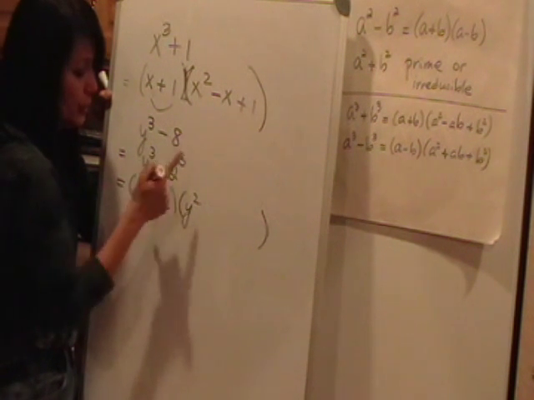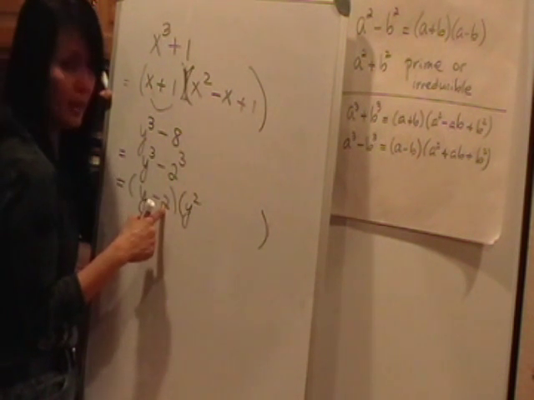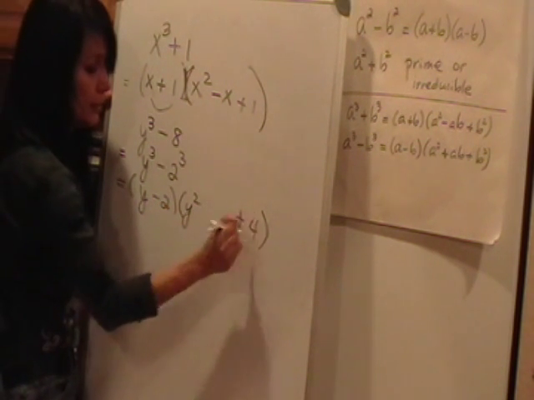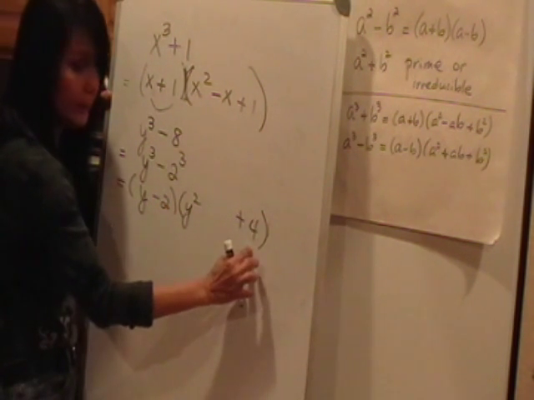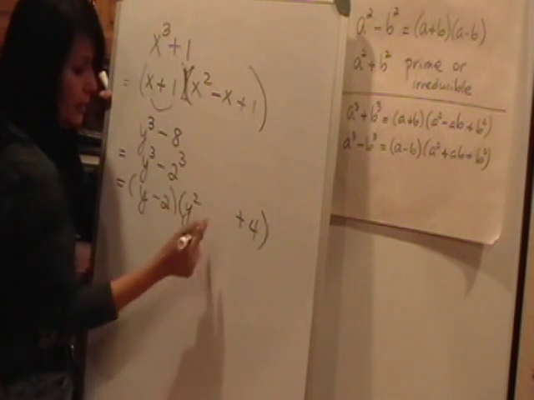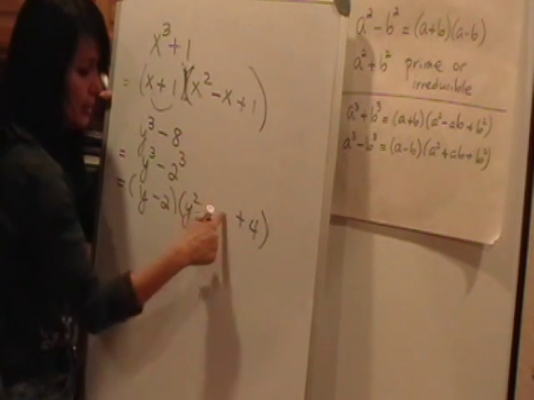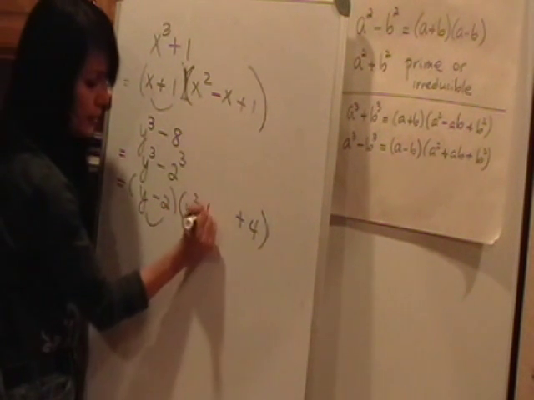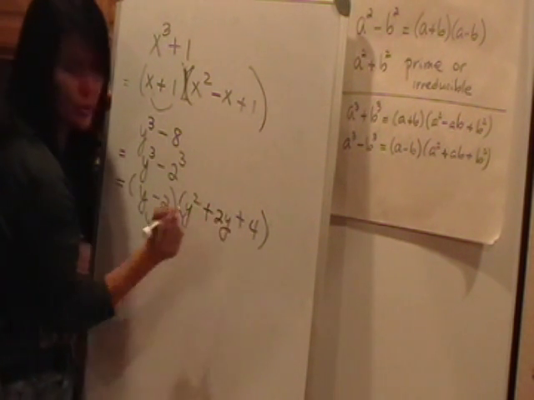And then I need a 2 squared, or a 4. Negative 2 times 4 is negative 8. And then I just put a middle term here, my Mr. Fix-It. This is a minus 2y. The fixer has to be a plus 2y.